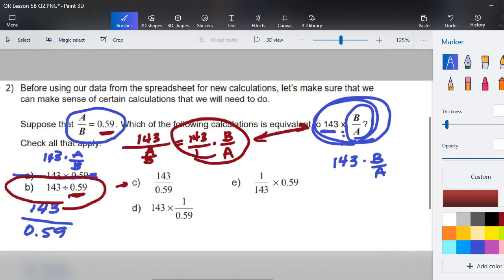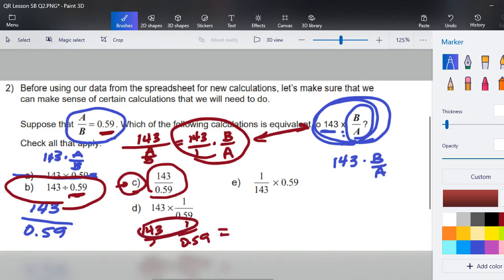And if we look at part C real fast, it says the same thing, 143 divided by 59 hundredths. We have another equivalency. Now let me look at D, 143 times 59 hundredths. Let me write it like this. We'll multiply numerators, we'll multiply denominators, and voila again, we have the identical equivalency of 143 over 59 hundredths, or divided by. We have another winner.